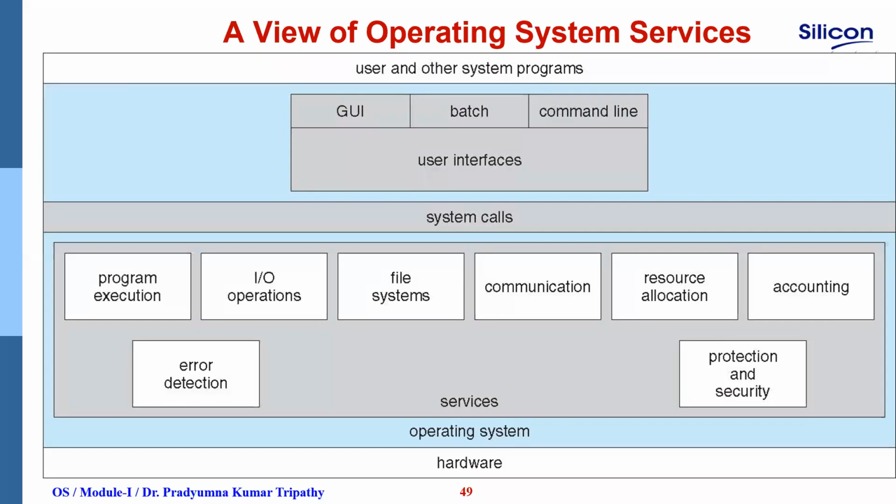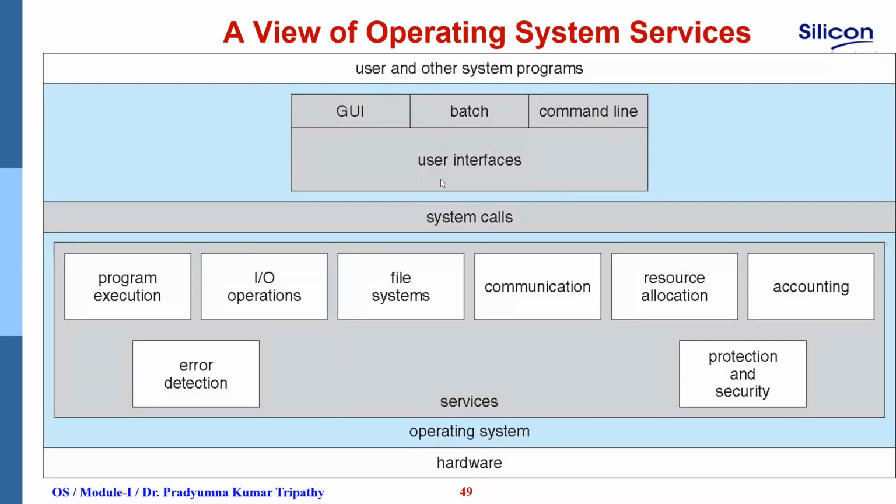These are the services that are being provided. And the user wants to avail these services, to access these services. The user wants to create a file, close a file, open a file, see the status of the disk. These are the requests by the user or system program.